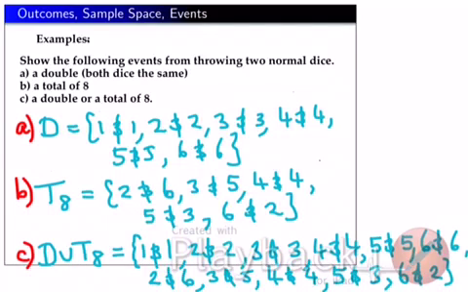So there is my list of outcomes for those different types of events.